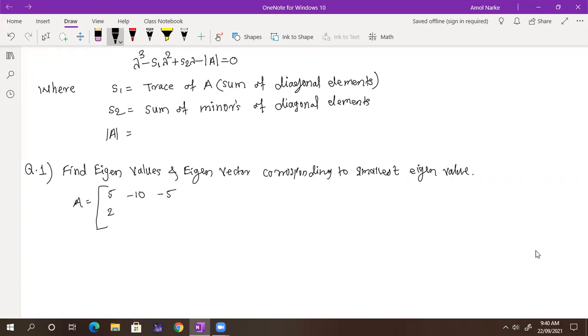Next is 2, 14, 2 and minus 4, minus 8, 6.